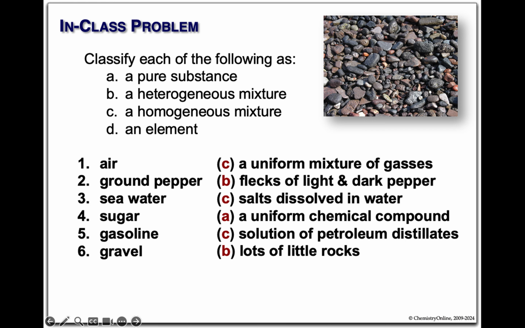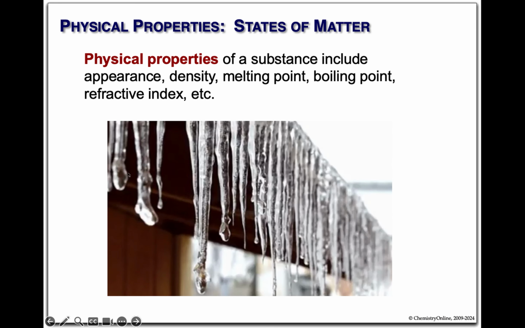All right, let's talk about physical properties now. We're going to start with states of matter. States of matter: solid, liquid, and gas. These are icicles. They're water. They're melting.